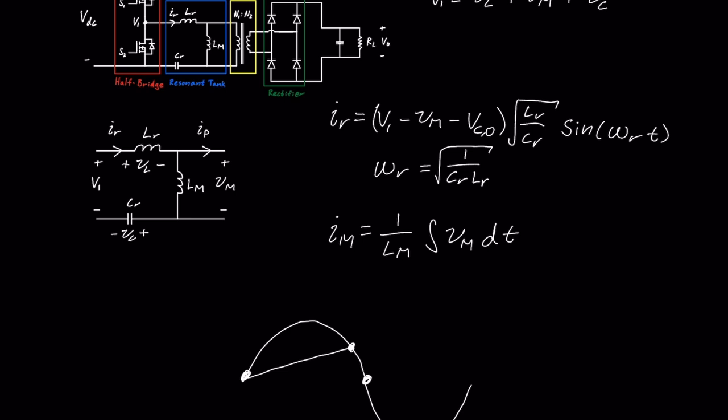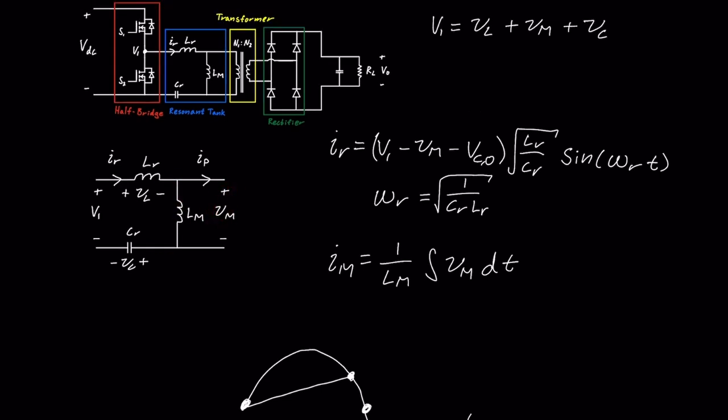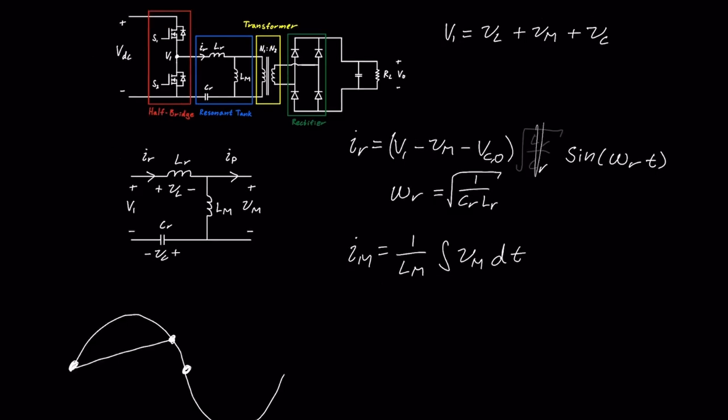It will solely be defined by the current flowing through LM. So VM is no longer constant, and therefore this equation here will not hold, because this assumes that VM is constant. I'm sorry, but this one was wrong. So it should be CR over LR, basically the opposite. So now we want to find the current in the second scenario.